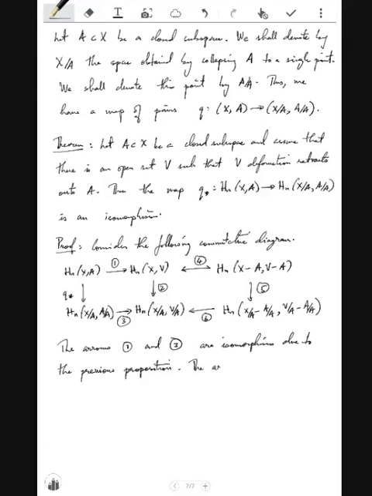The arrows 4 and 6 are isomorphisms due to excision.